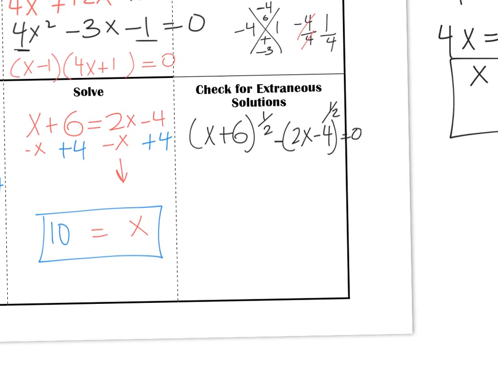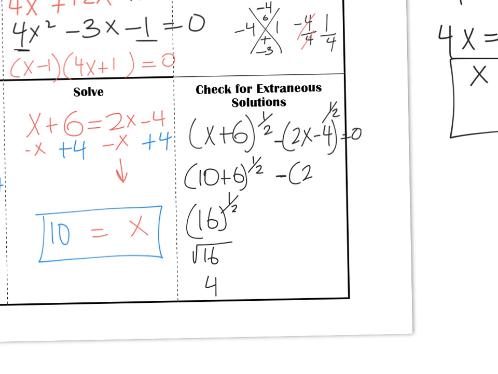So let's plug in 10 plus 6 to the power half, so that's basically 16 to the power half. 16 to the power half means square root of 16, which is a 4. Now minus 2 times 10 is a 20 minus 4 to the power half, so that's basically 16 to the power half, which is again square root of 16 and minus 4, so that's equal to 0.